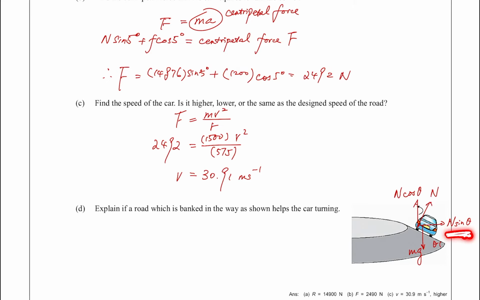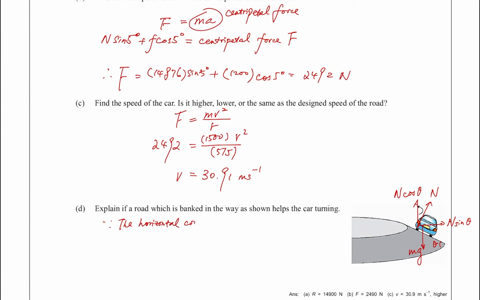Now, here we see that the horizontal component of the normal reaction actually points outwards. However, in order for the car to turn around the corner, we should have a force to point inwards, but this time the force points outwards. So it does not help the car to turn around the corner. So how to explain that?